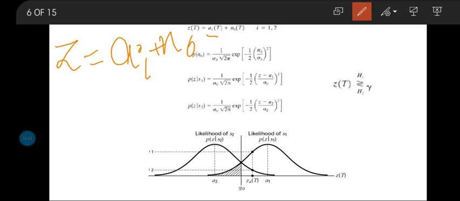The noise component n_0 is a zero mean Gaussian random variable, and thus z(T) is a Gaussian random variable with mean either a_1 or a_0, depending on whether a binary 1 or binary 0 was sent: a_1 if binary 1 is sent, a_0 if binary 0 was sent.